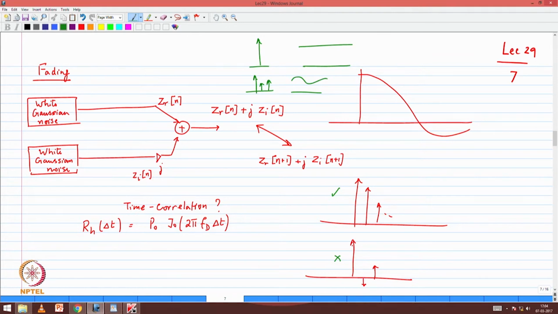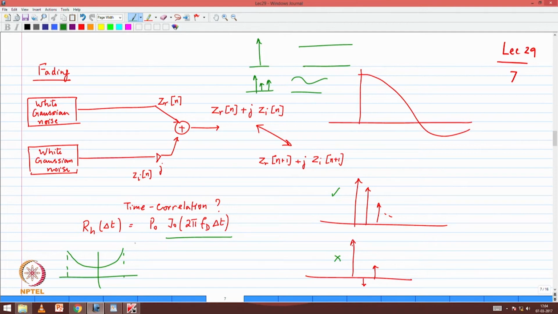And this correlation in the time domain has to be a Bessel function. So either I can somehow try to include a Bessel correlation into my white noise generator, or an easier thing would be to generate the white noise and pass it through a filter which has a spectrum that has this shape, and you're guaranteed that your output signal has the appropriate correlation because you have taken care of it in the frequency domain.